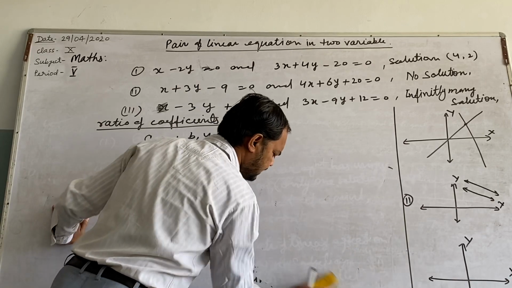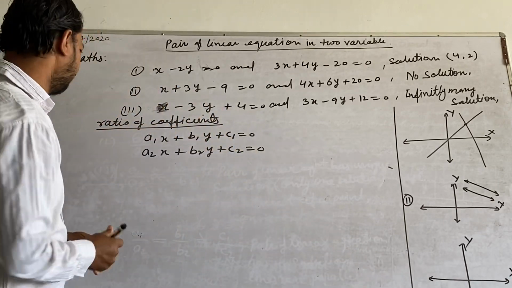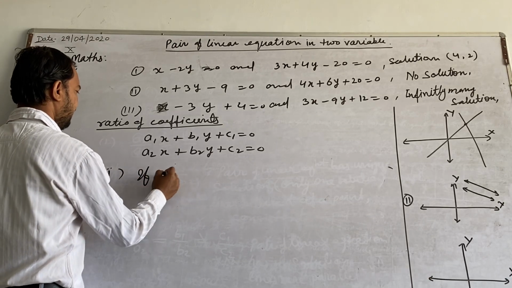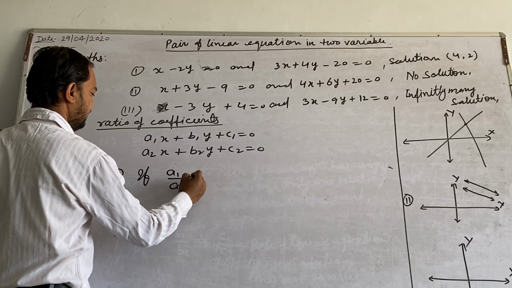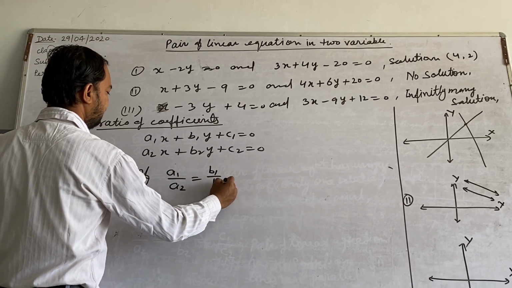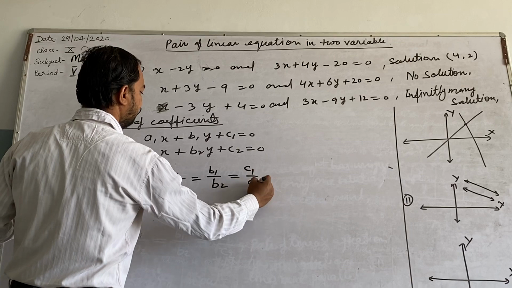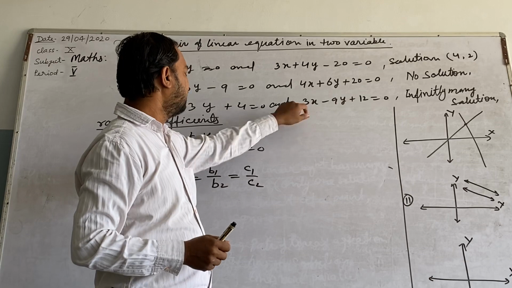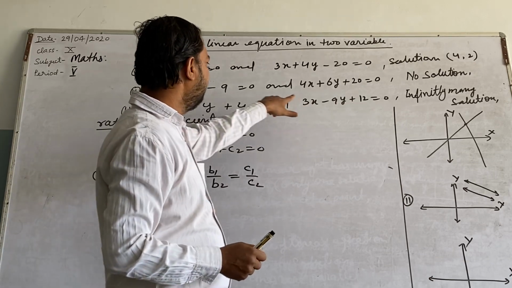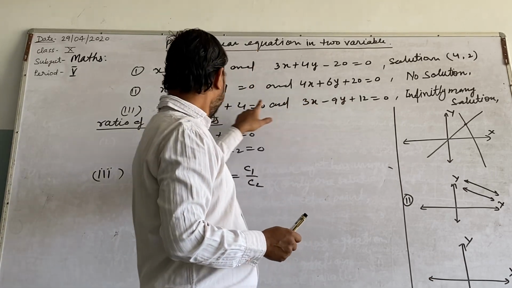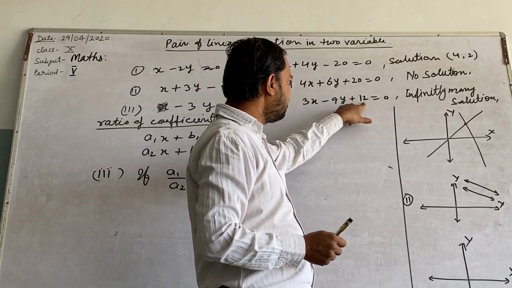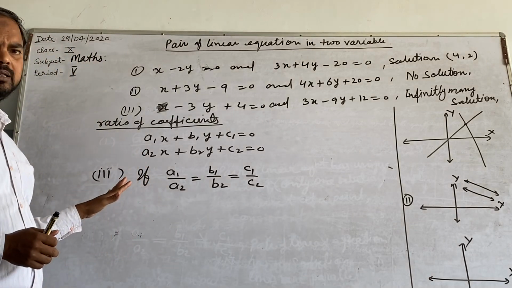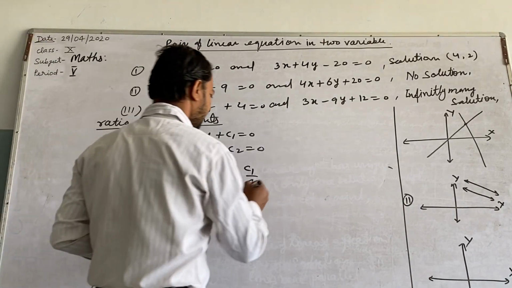In the third condition, if A1 upon A2 is equal to B1 upon B2 and also equal to C1 upon C2, as you have seen in this case, A1 upon A2 is 1 upon 3, B1 upon B2 is 1 upon 3, C1 upon C2 is 1 upon 3. So all the ratios are the same, right? So what will be your condition?